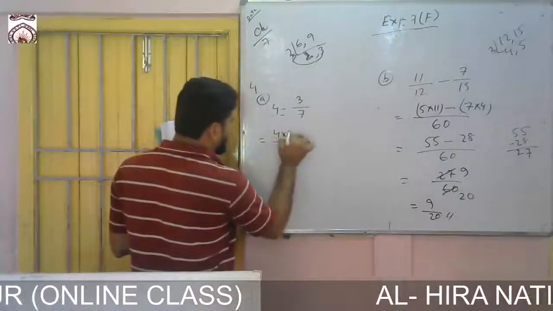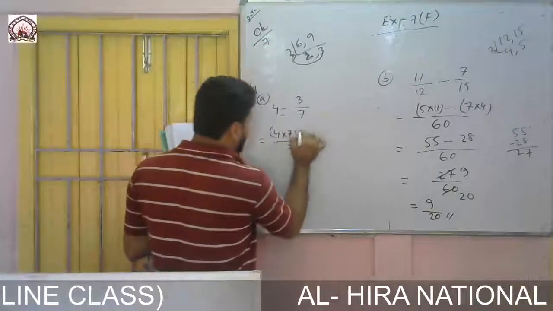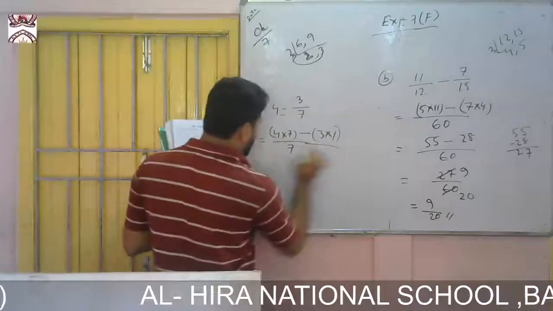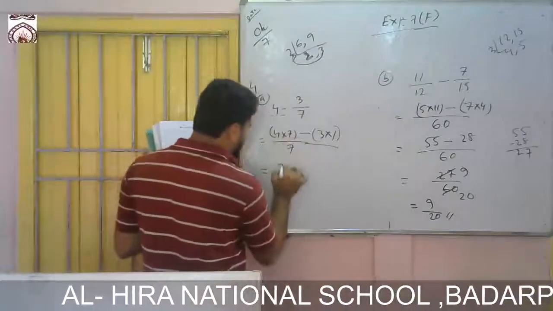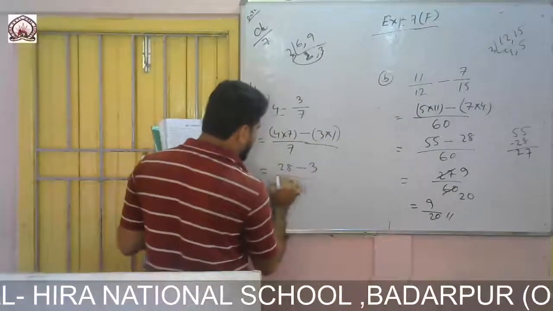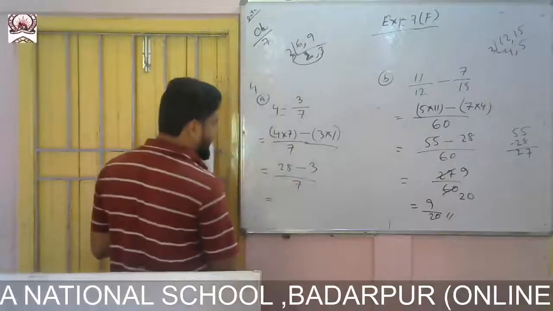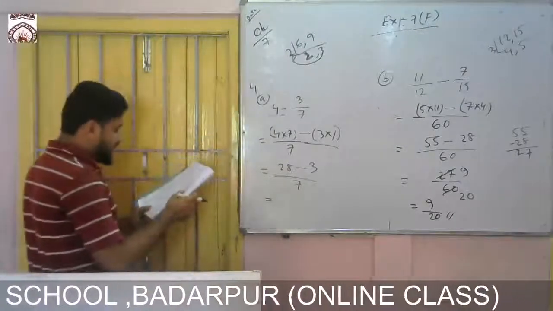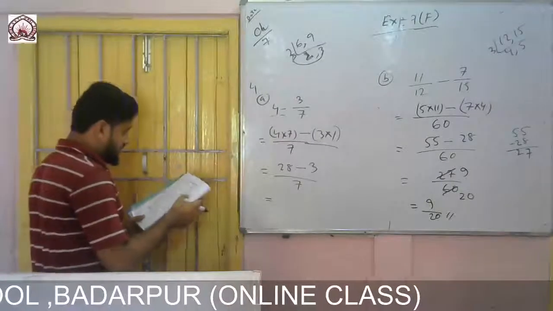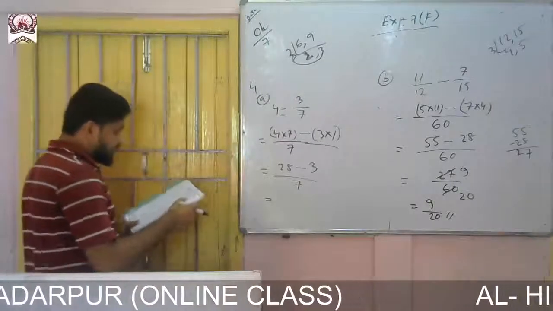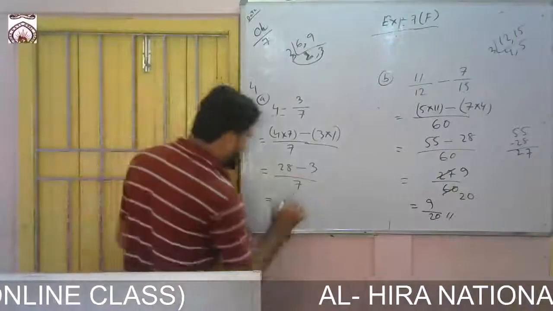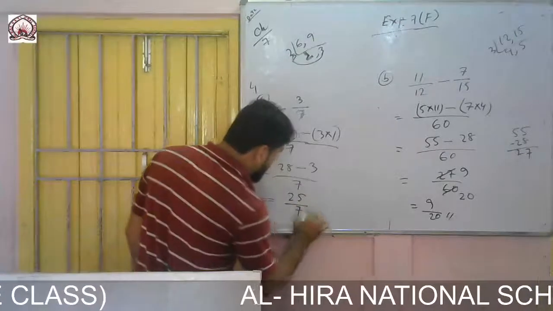So 4 into 7 minus 3 into 1. 28 minus 3 by 7, it is 25 by 7.